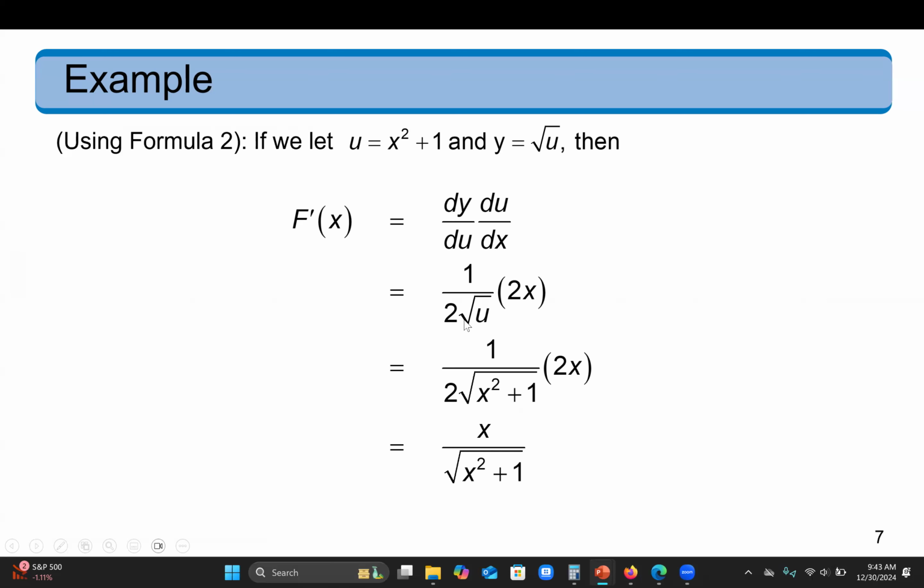So we write 1 over 2 square root of u times the derivative of u, du/dx, which is our 2x. The derivative of x squared plus 1 gives us 2x. Then we multiply. First of all, we know u equals x squared plus 1, so we place it, and we get the same solution.